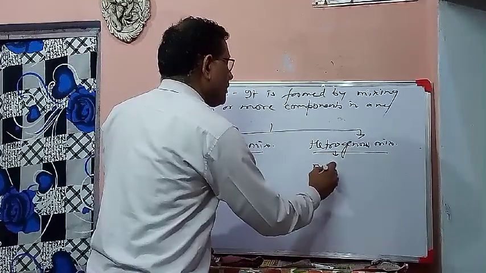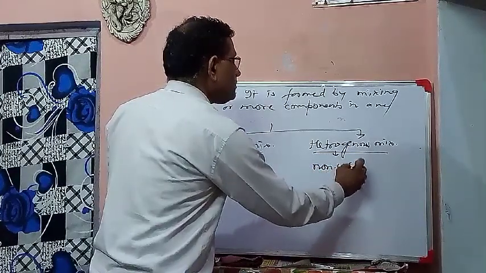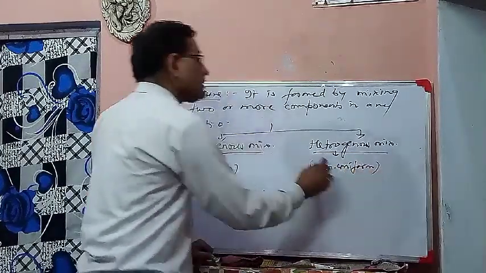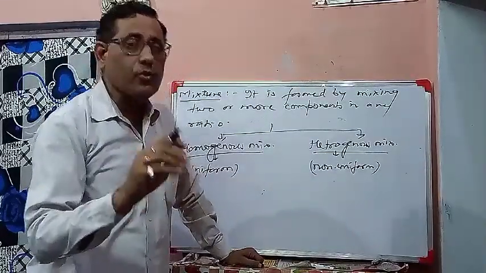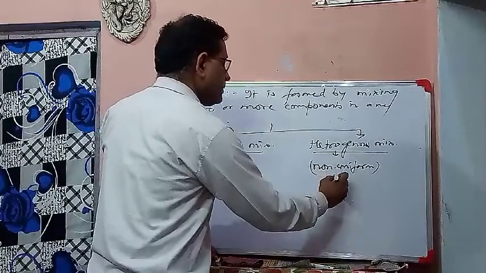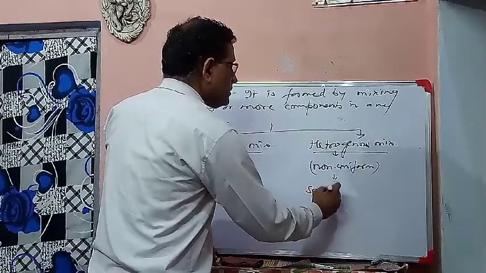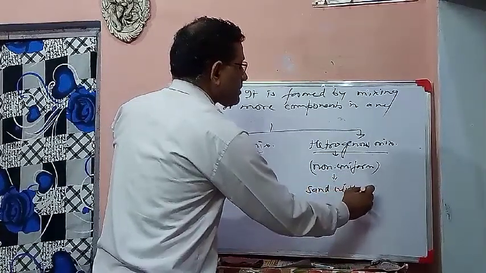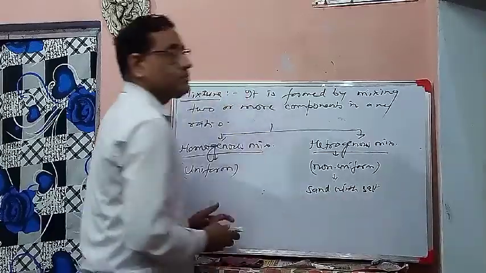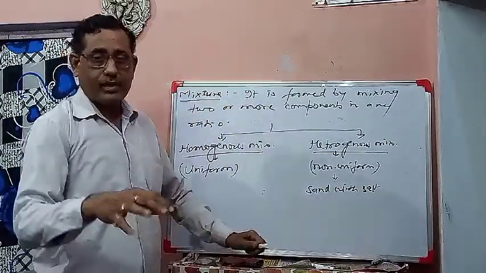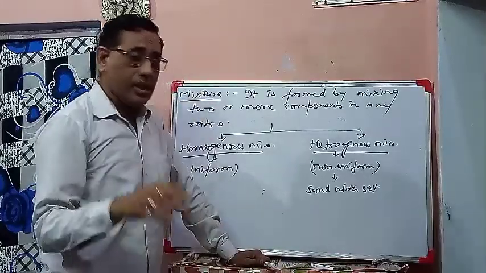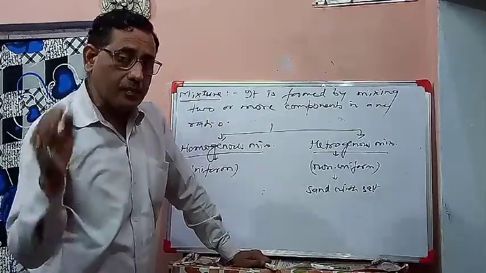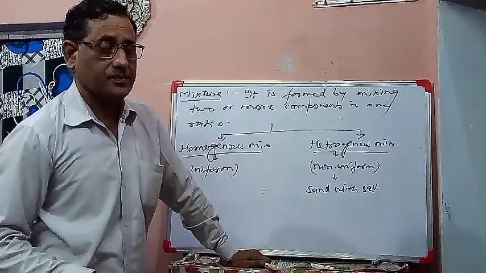In a heterogeneous mixture, it is non-uniform. That means the ratio of components is not the same in the whole mixture. Example, sand with salt. You mix sand with salt, then the ratio of both will be different in different parts of the mixture.